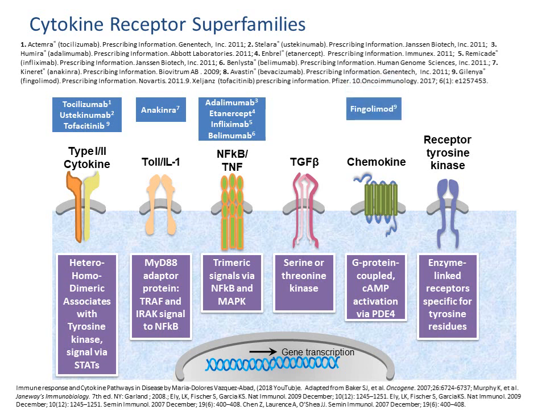And belimumab is another one because BLyS also uses this particular receptor type. We have chemokine inhibition by fingolimod, which is an intracellular inhibitor of the cAMP activation, and PDE4 inhibitor. And we also have the receptor tyrosine kinase inhibitor bevacizumab that will actually inhibit the binding of VEGF to its receptors.